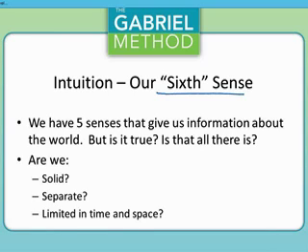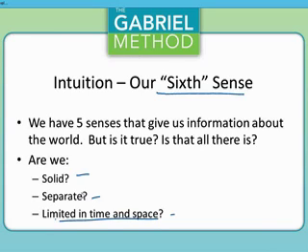And so there's all these things that we can see, feel, taste, touch in a very narrow range, but the reality is it's giving us a very narrow definition of reality that we know is not true. For example, our senses tell us that we're solid, separate, and we're limited in time and space. This is what our senses are telling us.